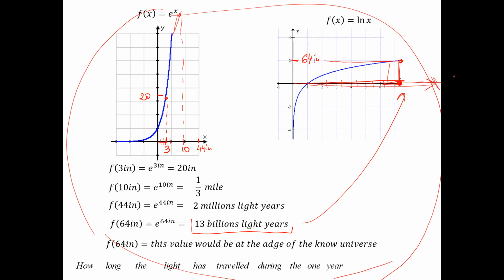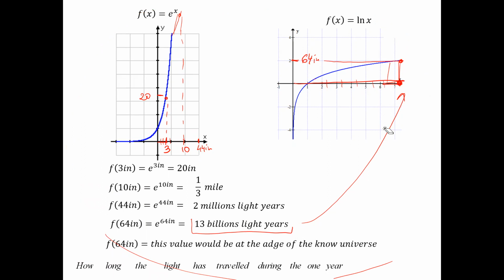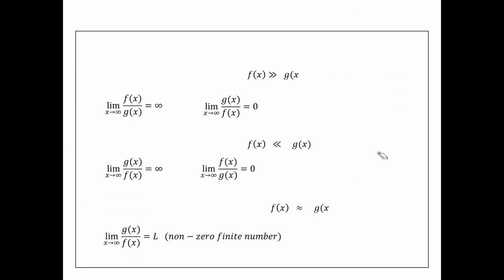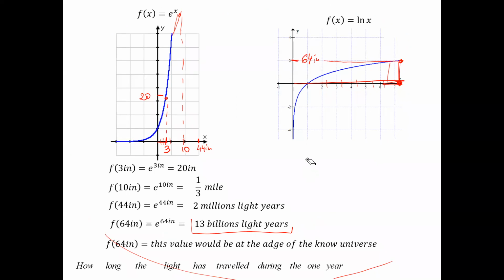We will touch the edge of the known universe in this direction. Maybe I can say east, not north, and only 64 inches if we go for the height. We will only climb this. Okay, so we are confident that the logarithmic function, or any exponential function with a greater than 1, is always faster than the logarithmic function. Ln of x, not ln of n.